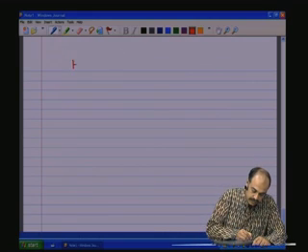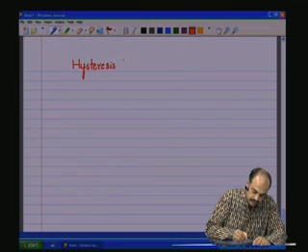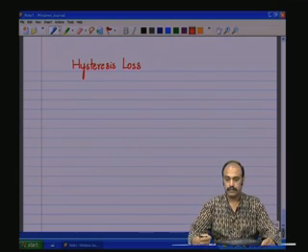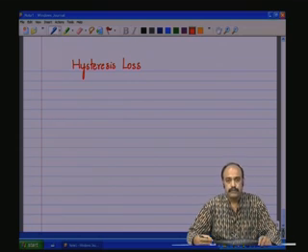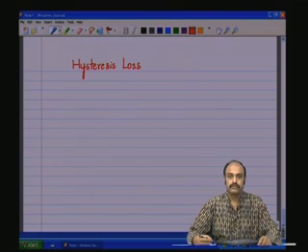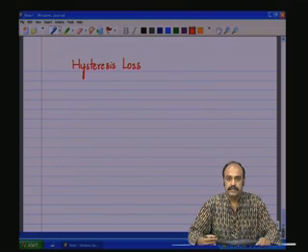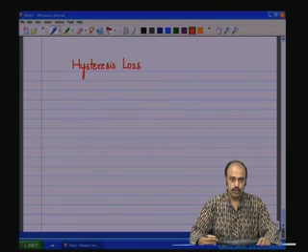So, first let us take up the hysteresis loss. In the core, we saw that the BH curve exhibits a hysteresis curve or the hysteresis loop.